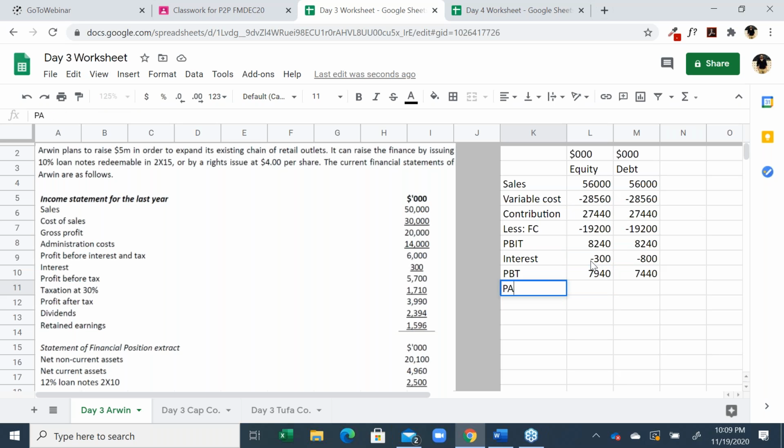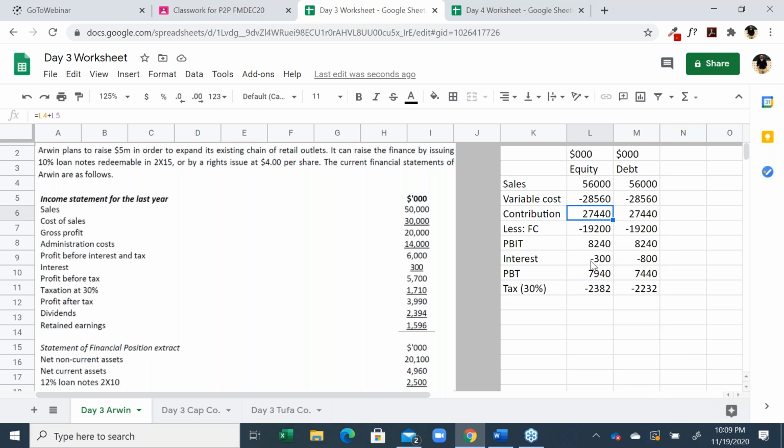After PBT, we have tax, which is 30%. Rakib, contribution is just the difference between sales and variable cost. What do you want me to explain?